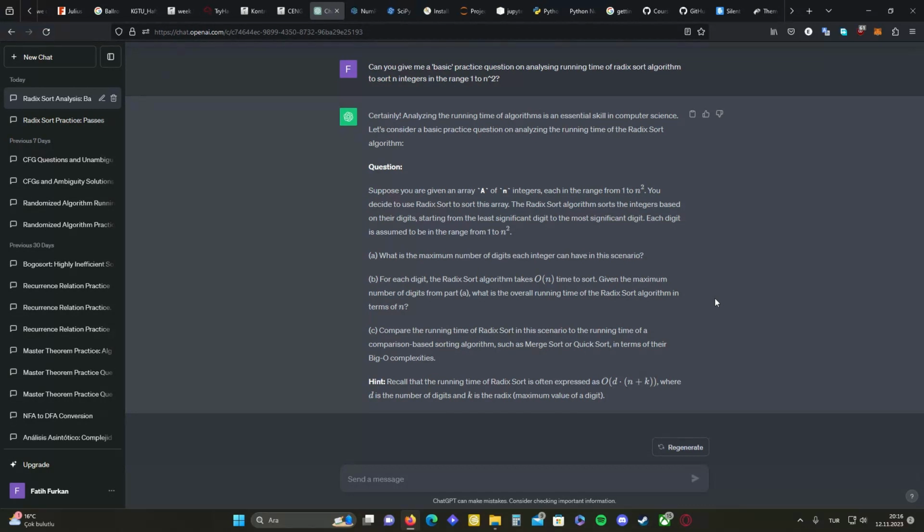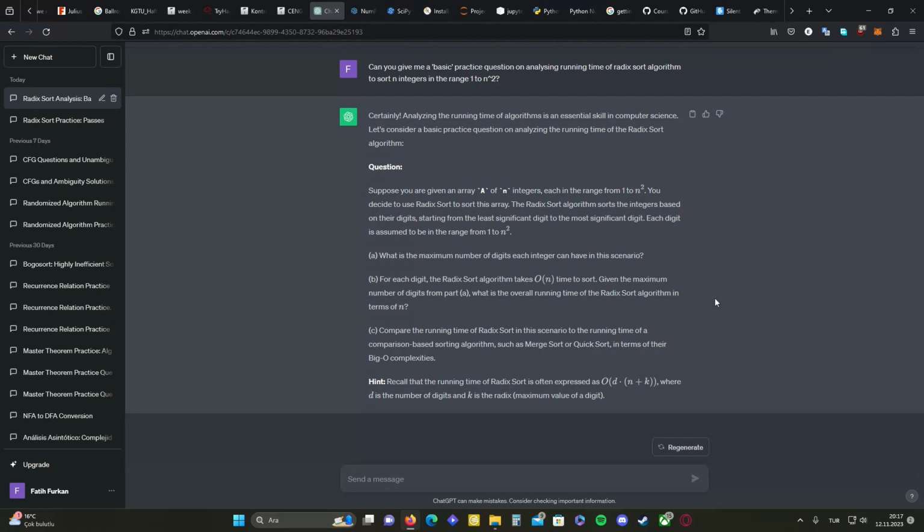You decide to use Radix sort to sort this array. The Radix sort algorithm sorts the integers based on their digits, starting from the least significant digit to the most significant digit. Each digit is assumed to be in the range from 1 to n squared. What is the maximum number of digits each integer can have in this scenario?